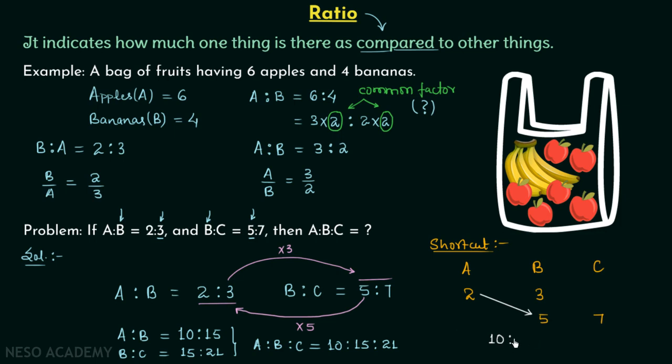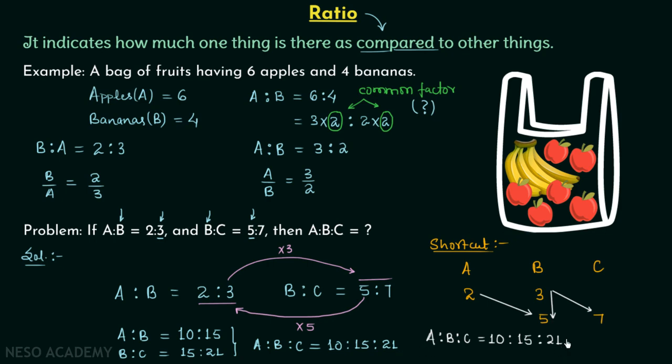We will put ratio after this. Then we will multiply 3 by 5. This will give us 15, the second number. Again we will put ratio, and then we will multiply 3 by 7. And this will give us the final number we need. So 10 ratio 15 ratio 21 is our A ratio B ratio C, and this is the same as the answer obtained earlier.